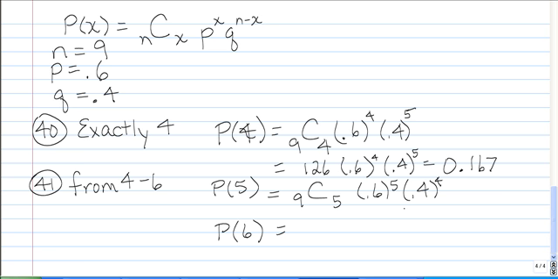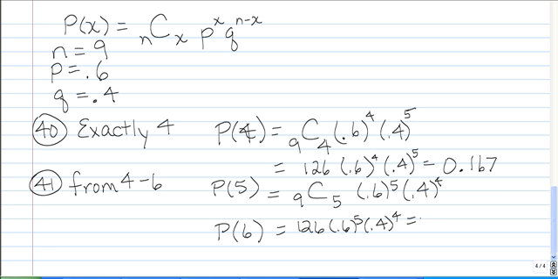So we're taking 9 combinations, taking 5 at a time, and we get the 126 again. So that will be 126 times 0.6 raised to the 5th times 0.4 raised to the 4th.